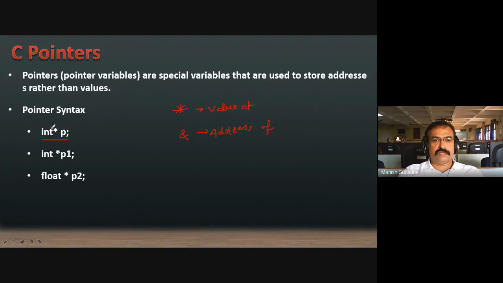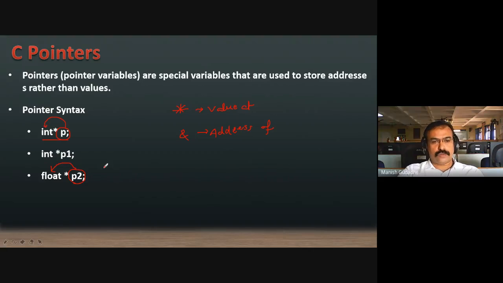So this means P is a variable which is going to hold only an address. Address of what? Address of a variable of type integer. P2 is a variable which will store an address. Address of what? A variable of type float.